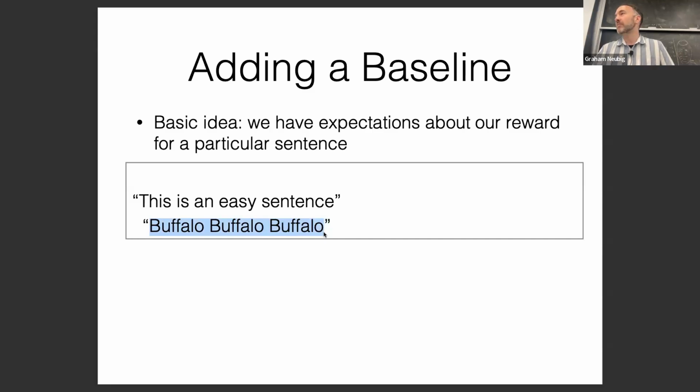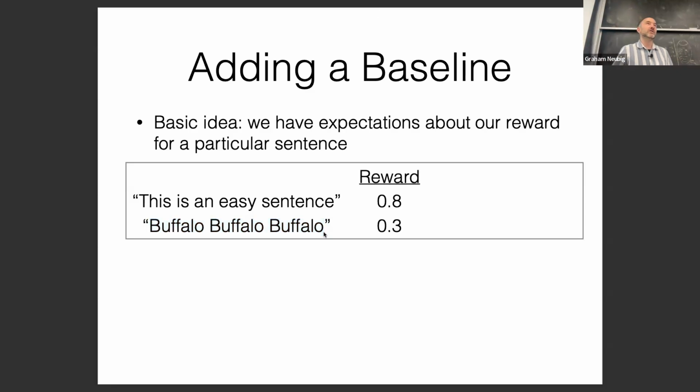If you don't know about buffalo, buffalo, buffalo, you can search for it on Wikipedia and see what I'm talking about. It's a tricky English sentence, and it's a well-formed English sentence.